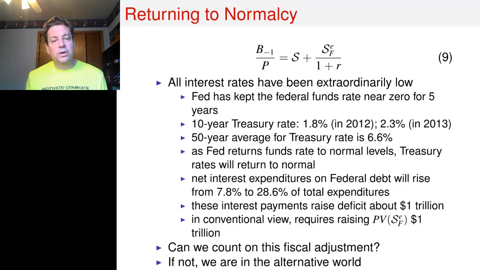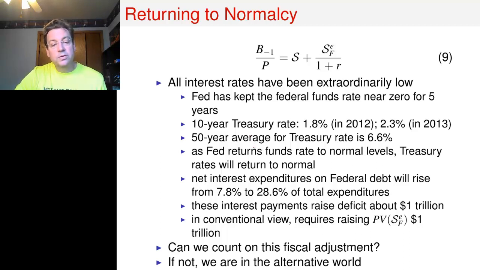Net expenditures on interest on the federal debt will then end up rising from the current level of about 7.8% to almost 30% of total government expenditures. That's a huge fraction of expenditures by the government. Those interest payments then are going to raise the deficit by about $1 trillion. Now, in the conventional view, what that's going to require is that these surpluses adjust by $1 trillion in present value.